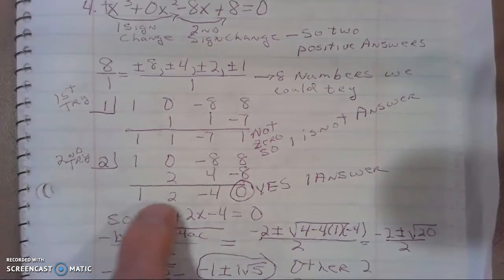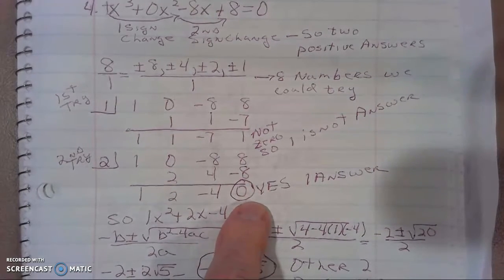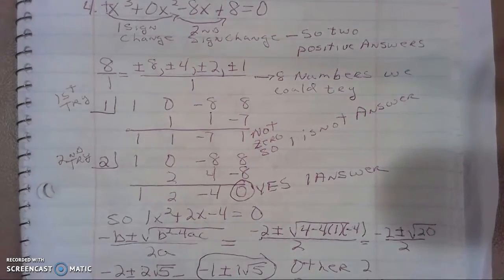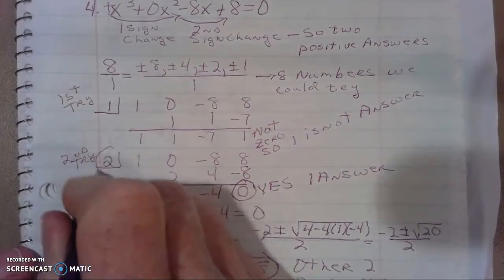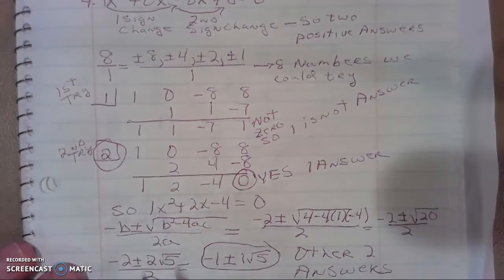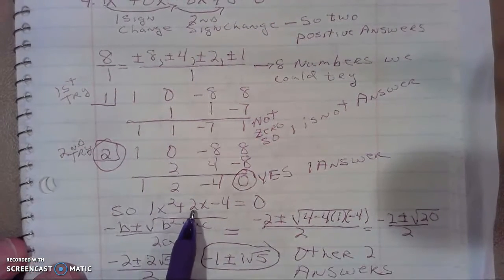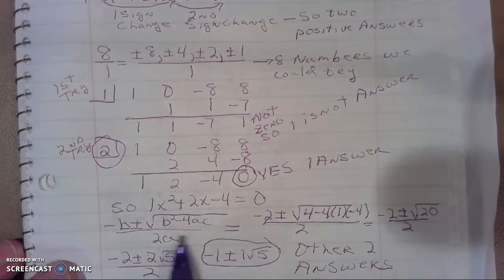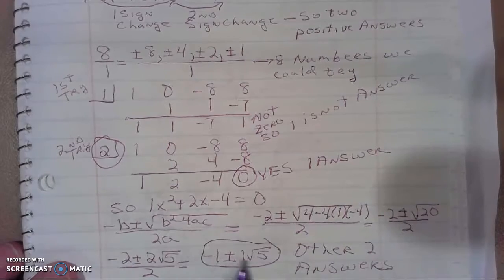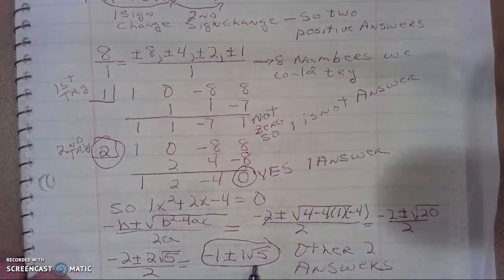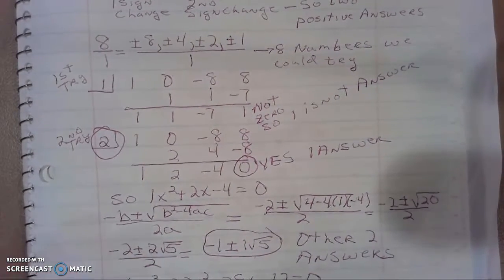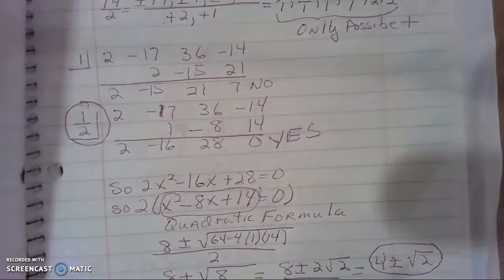I try 2. It does come out to 0. So I found my first answer, 2. Then what is left? x squared plus 2x minus 4. I stick it in the quadratic formula and I find my other 2 answers: -1 plus or minus square root of 5.